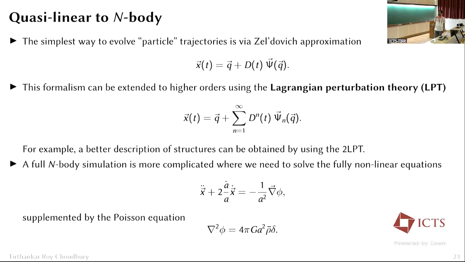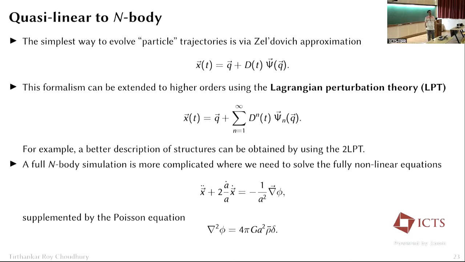You have to solve the trajectories, which will be given by this equation, where the trajectories are driven by the gradient of the potential, or the force. This is the Newtonian equation written in an expanding universe in terms of comoving coordinates. You have to supplement this by the Poisson equation, so this phi will be determined by the underlying density.